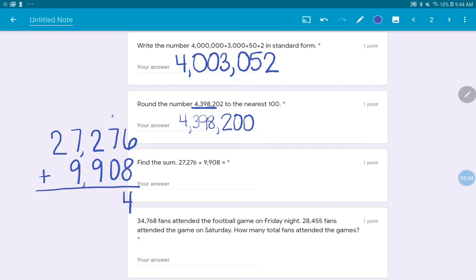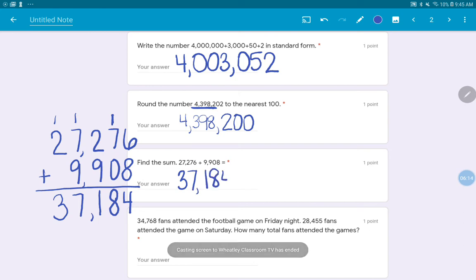Okay, I'm going to write down the 4. Regroup the 1. 1 plus 7 is 8. Plus 0 is 8. Okay, then what? You do 2 plus 9, which is 11, and you carry the 1 over. And then 8 plus 7 is 17, so you put a 7 and then carry over. And then you have 3 plus nothing is 3. So my answer is 37,184.